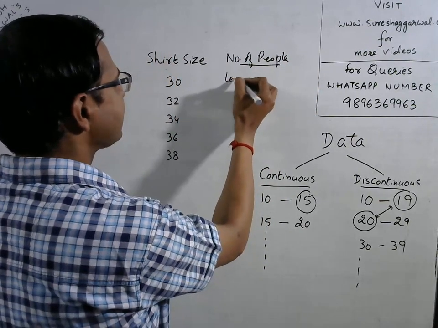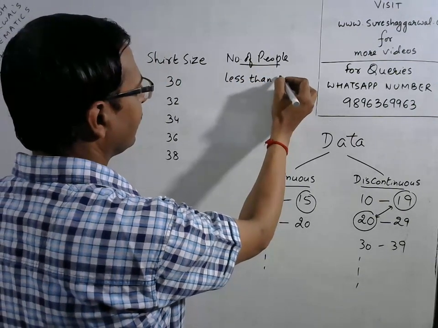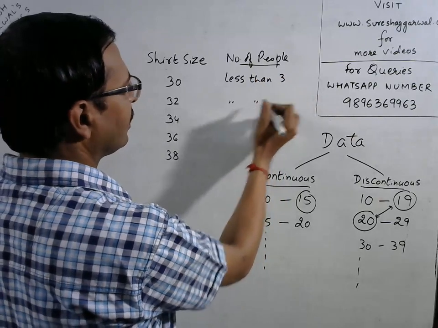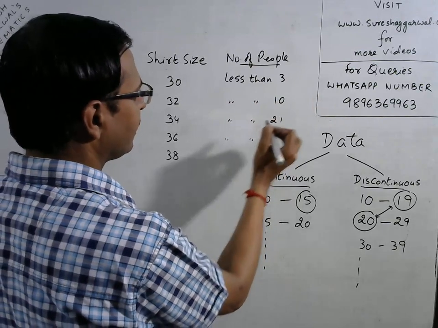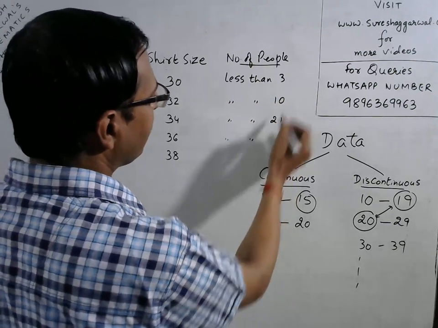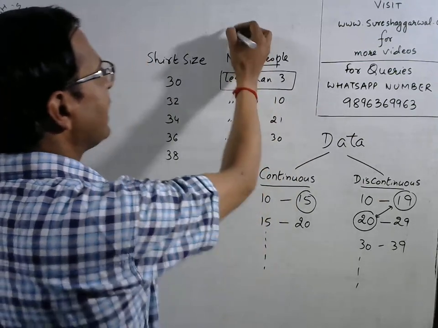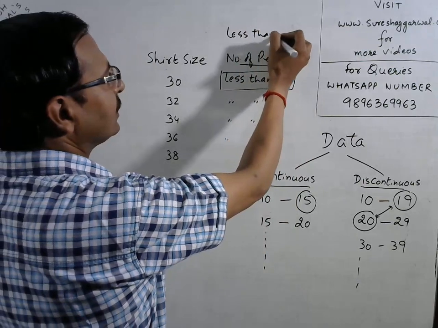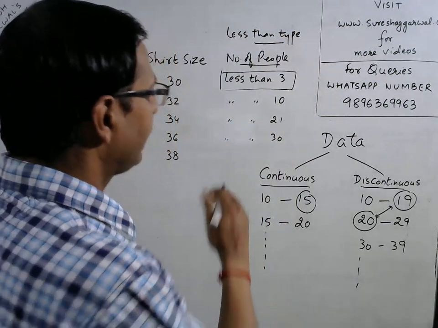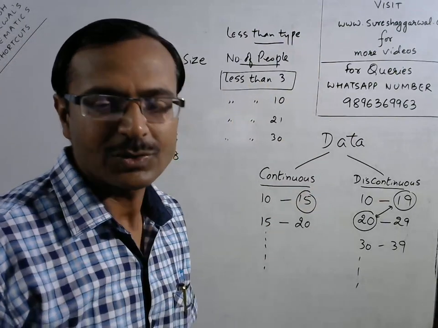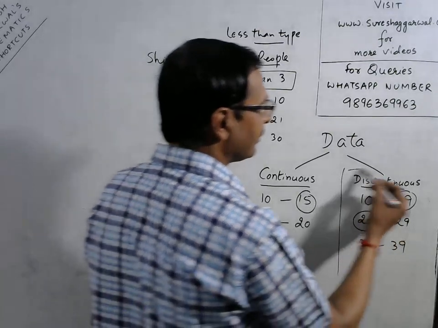So suppose we have less than 10, less than 21, and so on, the number of people given in this form. So we have the less than type table. Or we can have it in the form of more than type also. So less than type or more than type. These are the forms of discontinuous data.